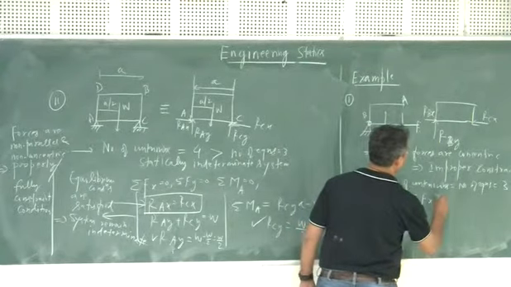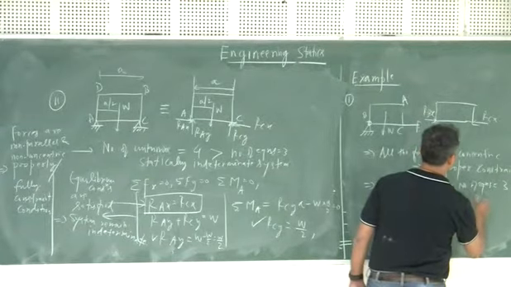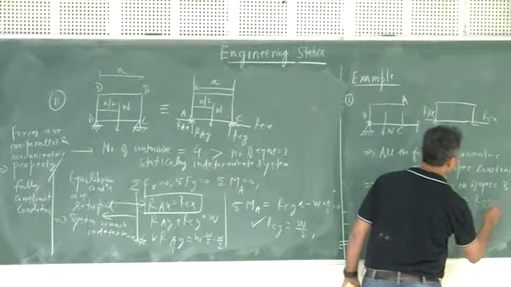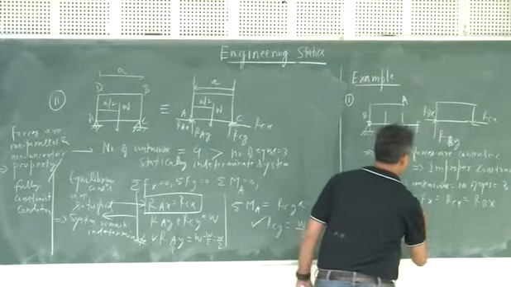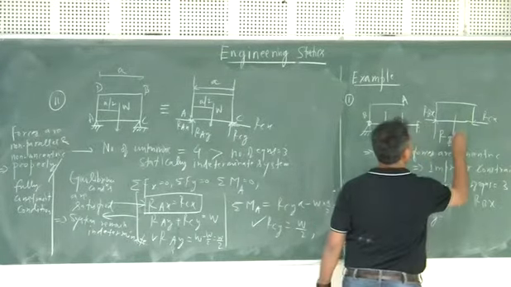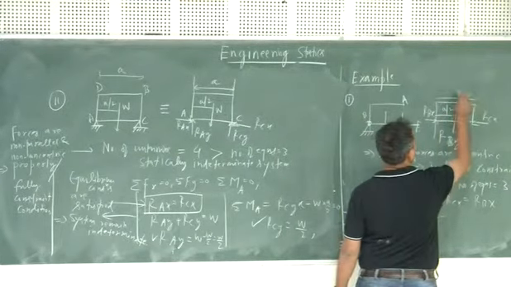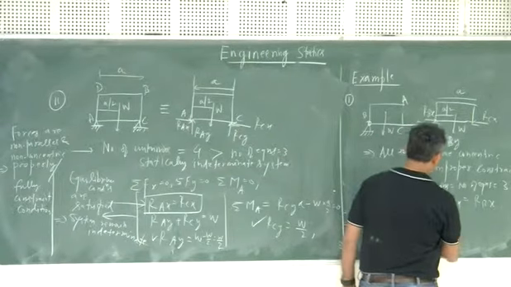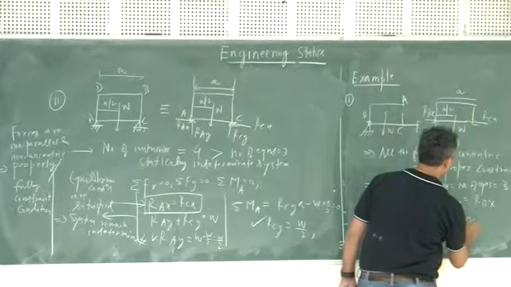So summation of Fx will give you RCX and RBX, right? Now summation of FY will give you RBY.